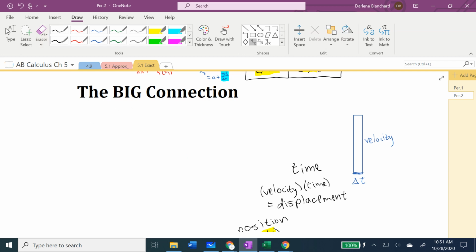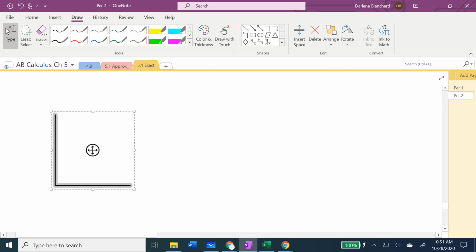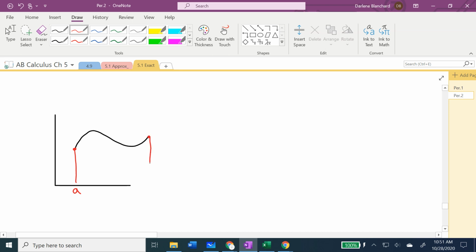I'm just going to get an XY graph going, and then draw something more like this. And I've got x equals a and x equals b.